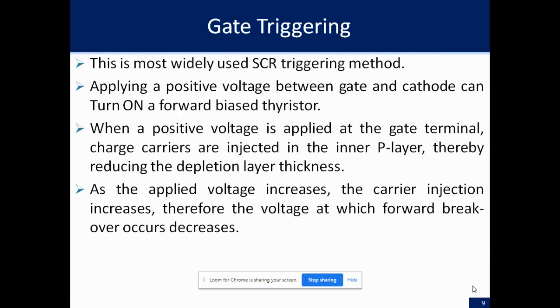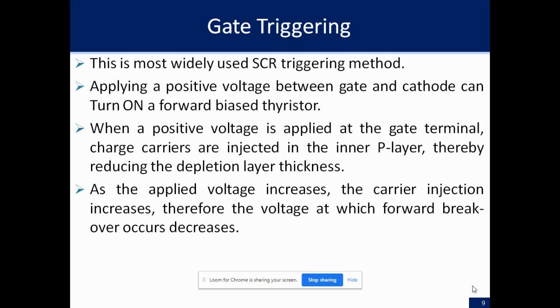Next, very important, is gate triggering. This is the most widely used SCR triggering mechanism. When a positive voltage is applied at the gate terminal, charge carriers are injected in the inner P layer, thereby reducing the depletion layer thickness. As the applied voltage increases, the carrier injection increases. Very importantly, it is sufficient that you give a triggering pulse.